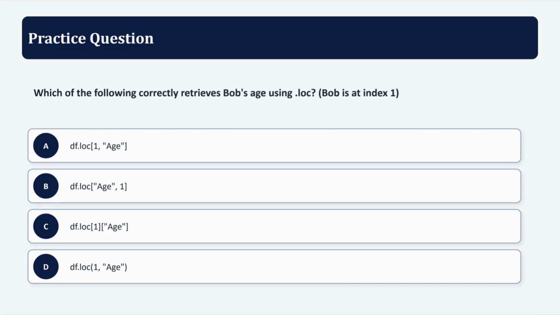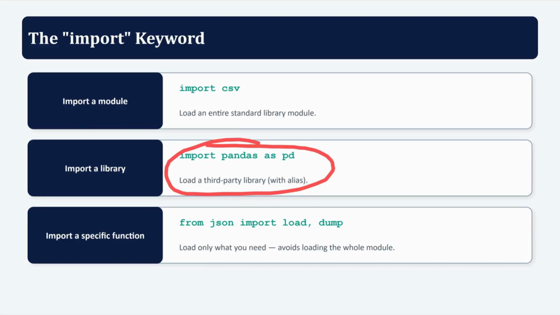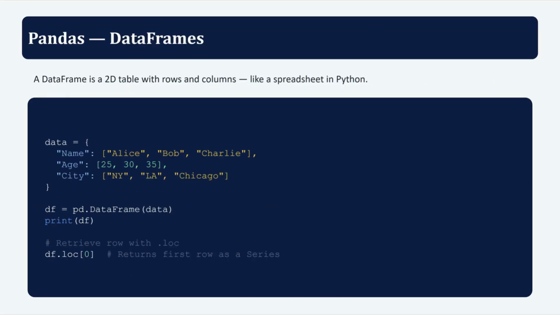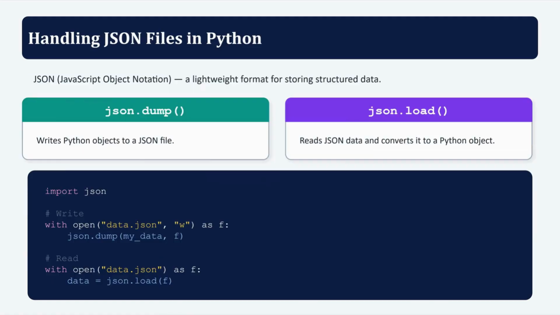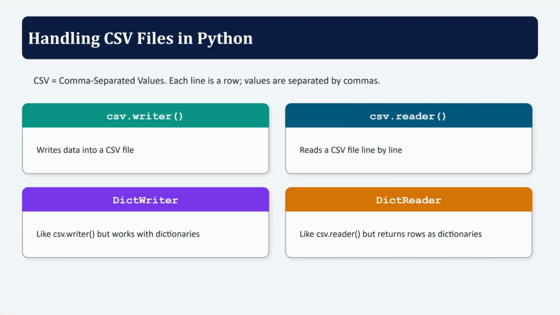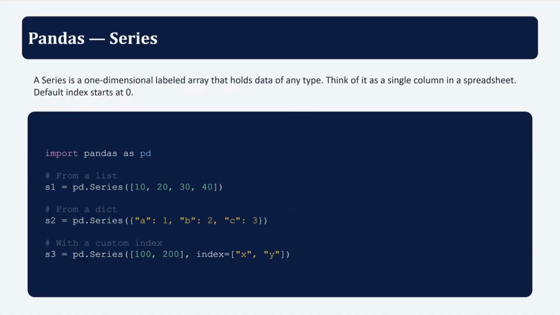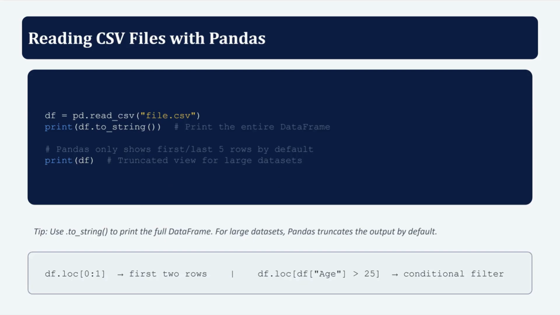So, which of the following correctly retrieves Bob's age using .loc? So, I'm gonna go back to a previous slide. I think they covered loc somewhere before. I want to give you guys a reference point.